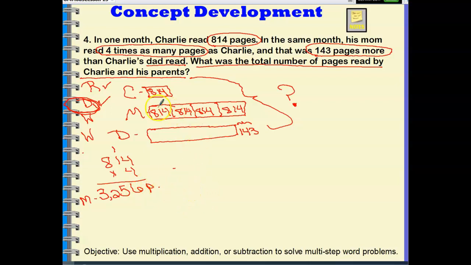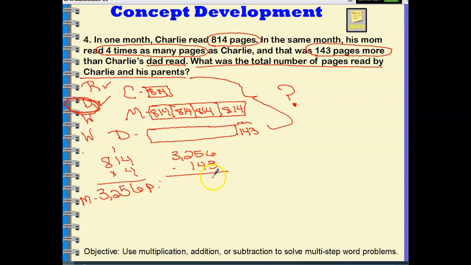Now I know how many Charlie read. Now I know how many Mom read. I still have to figure out how many Dad read. Well, Dad read 143 pages less than Mom. So Mom read 3,256. So I'm going to subtract that 143 from the amount that Mom read.